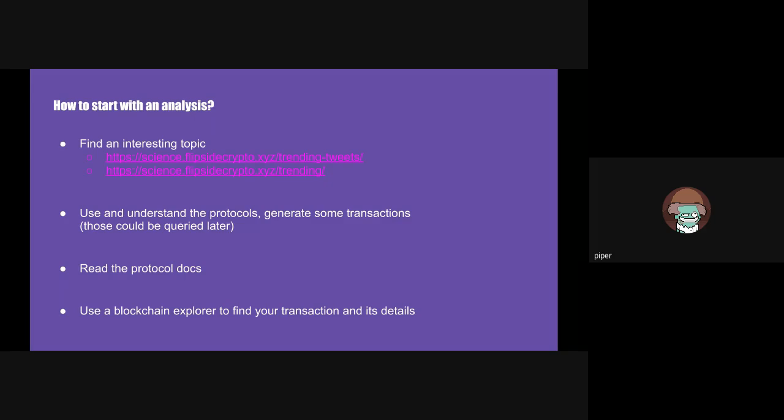This is also very helpful to understand what kind of data are stored in the transaction, because all the data you are able to query afterwards with our data. And this is, I would say, a very good starting point to start with your first analysis.